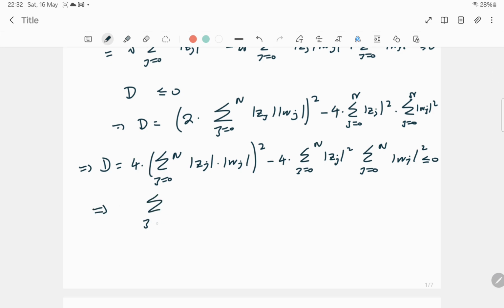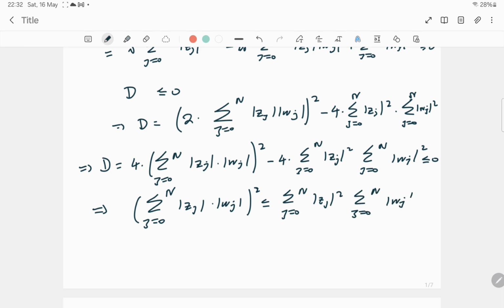So that gives me the summation from 0 to n of |zj| times |wj|, raised to the power of 2, and this is bounded by the summation from j equals 0 to n of |zj|² times the summation from 0 to n of |wj|².